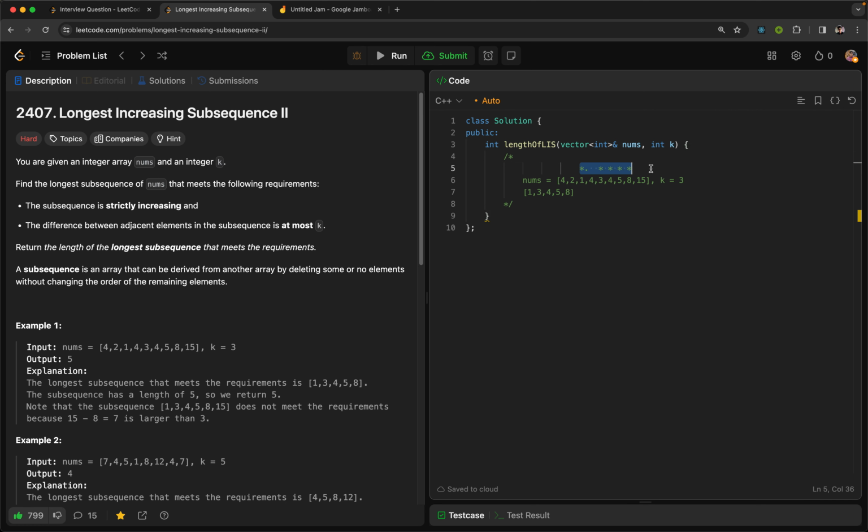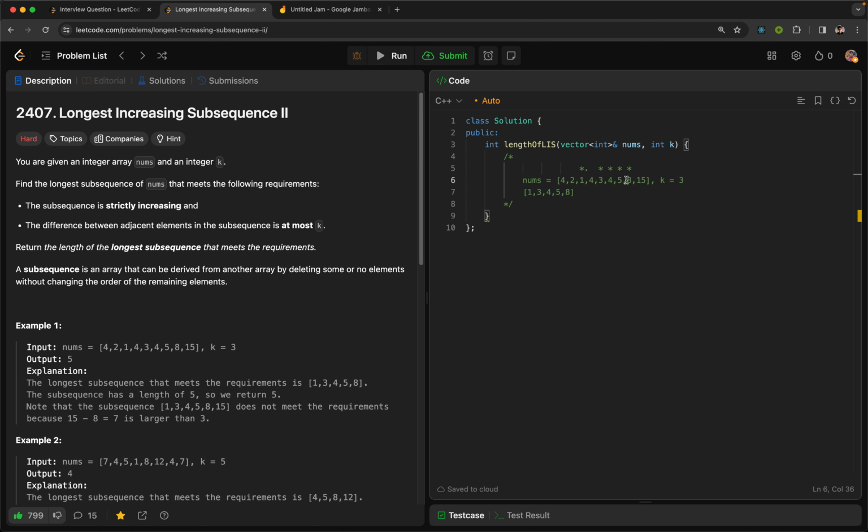I have represented those elements as stars. Now why this is a valid answer is, the difference between the consecutive elements is at most 3, and the array elements are in strictly increasing order, fine.